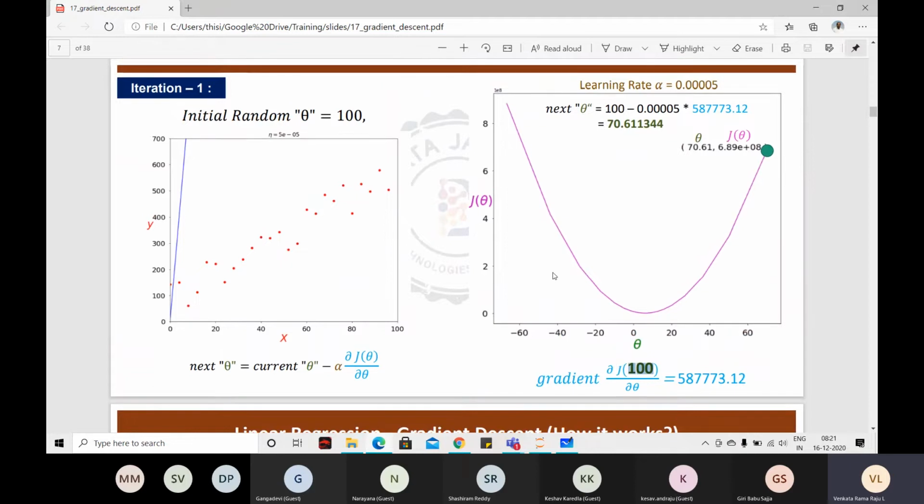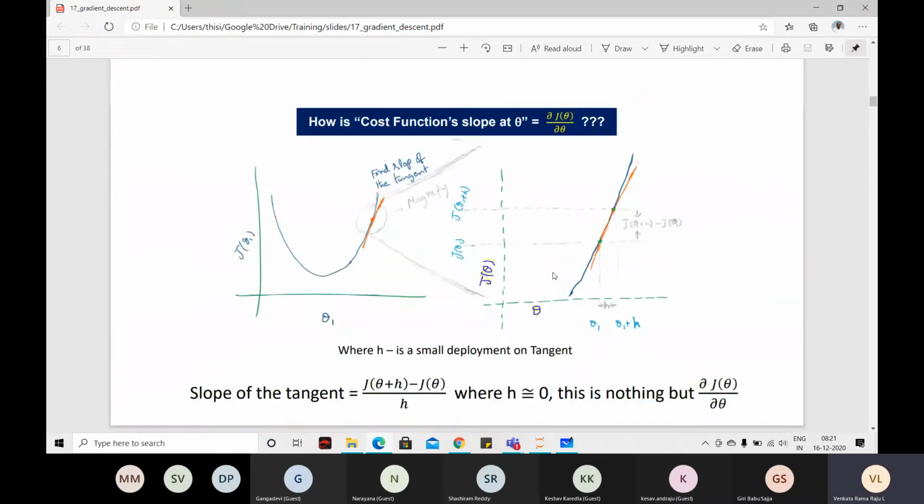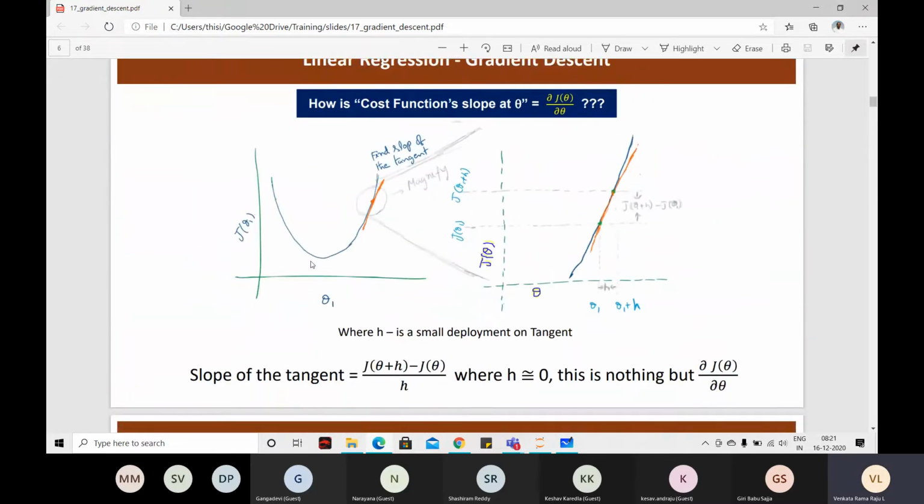Suppose this is your cost function's curve for different thetas. Suppose I have taken one random theta, 100, or maybe 70, and that dot is here.